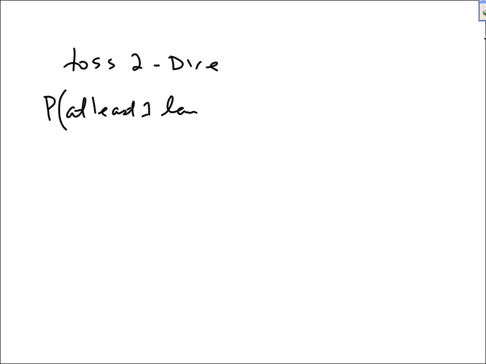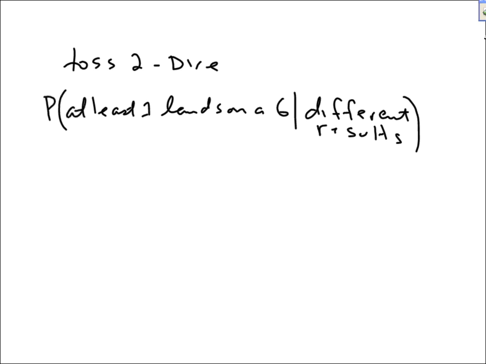What is the conditional probability that at least one die lands on a 6, given that the results are different, given different results, different tosses?